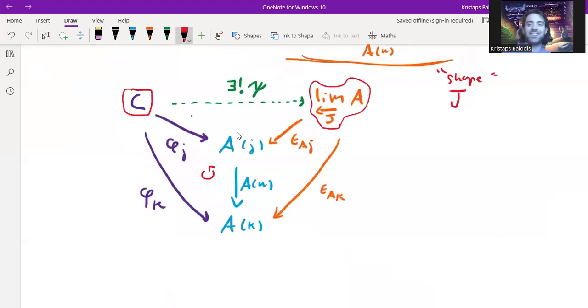A limit of shape J is an object together with maps making this diagram commute, such that for any other object C with maps making this other diagram commute, there exists a unique map from C into this thing, right? So that's when we say this object, which is a limit, exists.